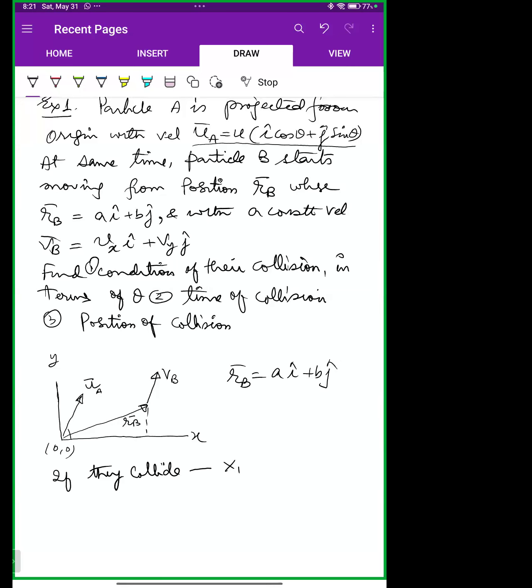If they collide, x1 is not equal to x2. x1 plus A is equal to x2, where this is A and this is B. Got it? Yes, sir. X1 and X2 are positions, because the second body is already ahead.